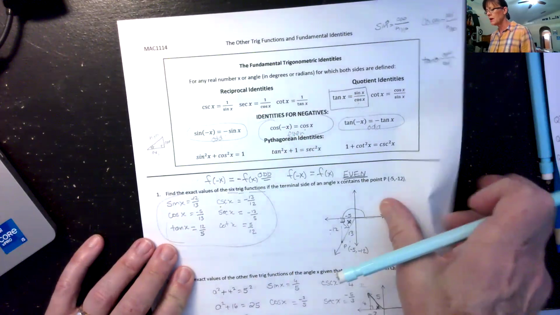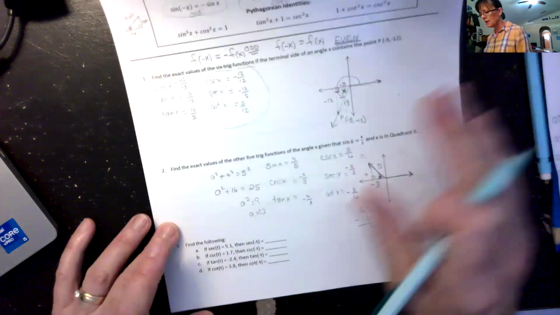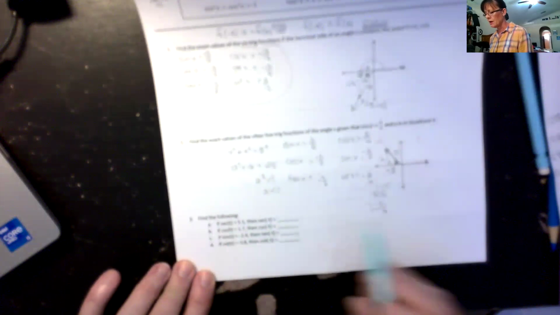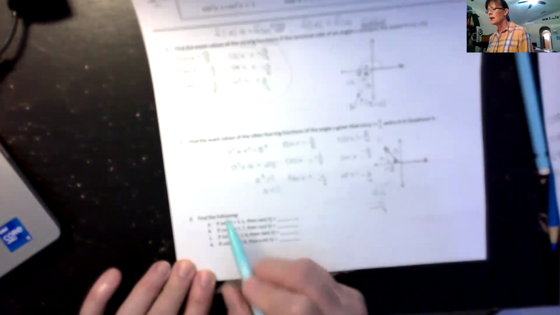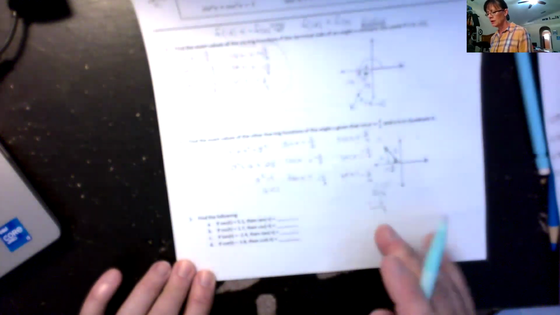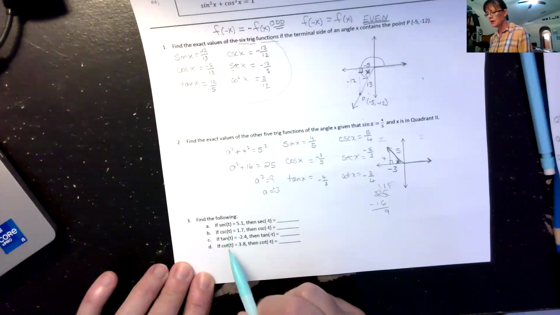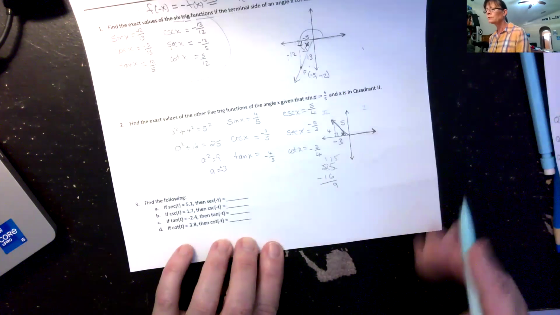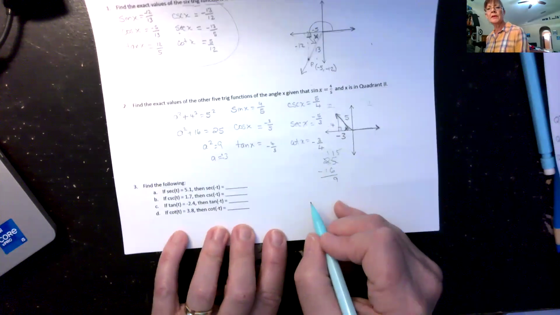Okay, let's pop down here and look at number 3. First I have to develop this for a second. This is not just saying sine, cosine, tangent. We need to develop this for secant, cosecant, and cotangent as well. So let's develop this.